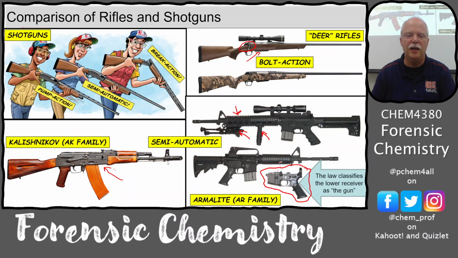So that's the gun. You can buy the barrel, you can buy the upper receiver, you can buy the stock, you can buy the pistol grip, the scope and everything. But if you don't have the trigger and you don't have the magazine holder for the bullets, you don't have a gun. You can have all of that stuff. None of that other stuff is serial number stamped. It's not serialized. But this is serialized.